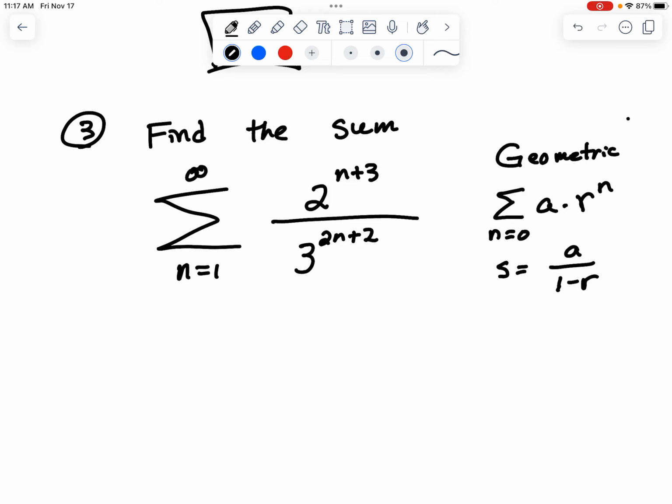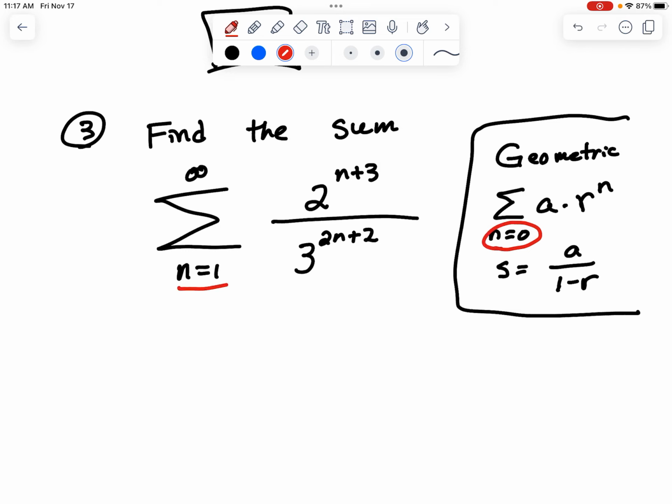So once you have it set up in the geometric series form, finding the answer is very easy. So one thing is, it has to start at 0. So that means from this, I need to subtract 1. And if you subtract 1, then you'll need to add 1 here to compensate for it.